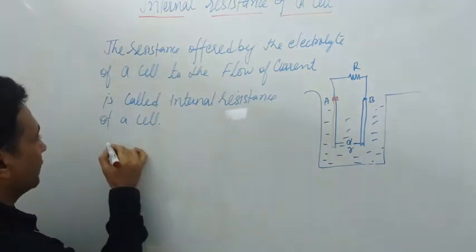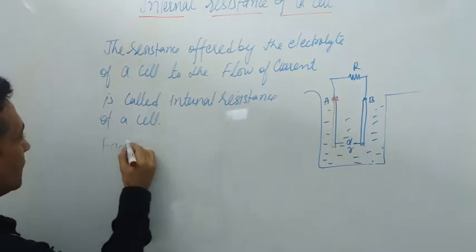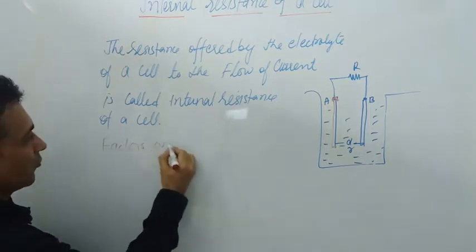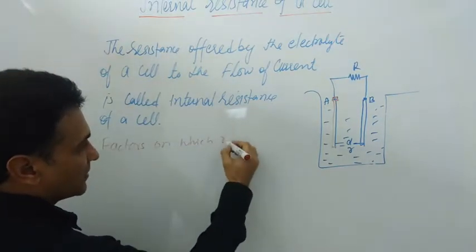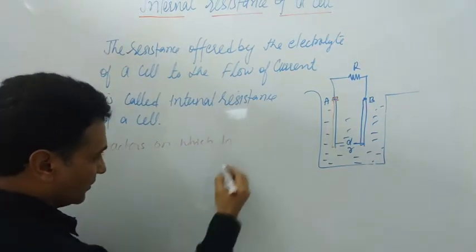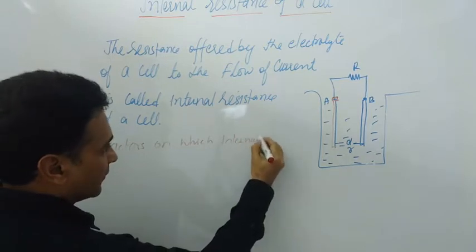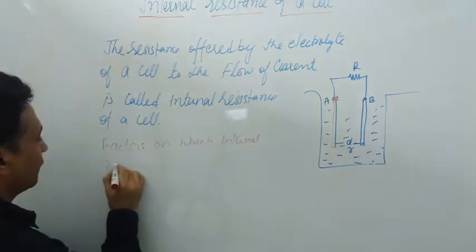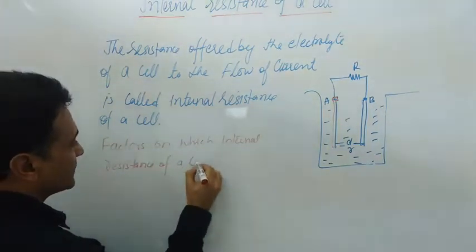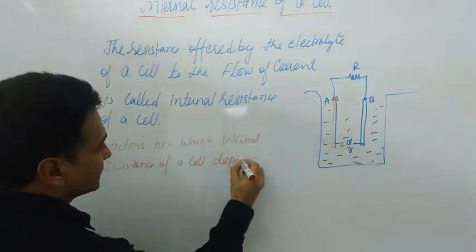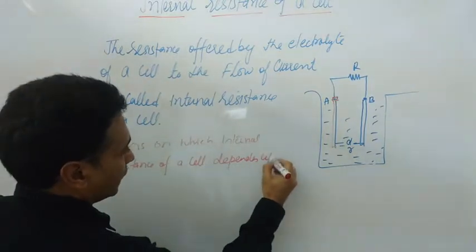So we will write here factors on which internal resistance of a cell depends upon.